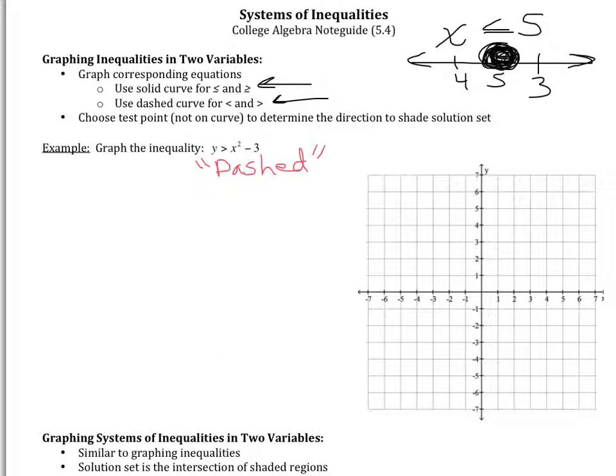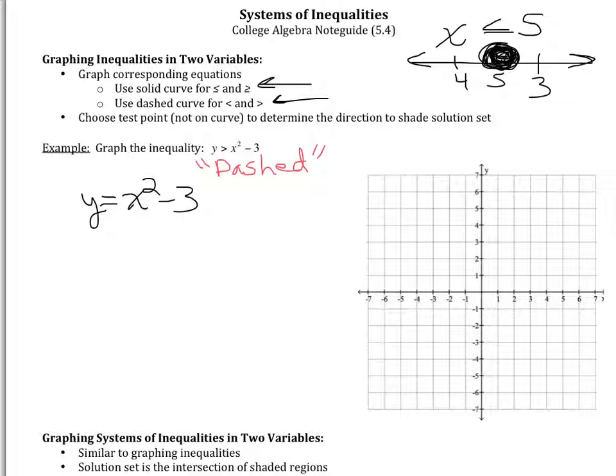And then I'm going to graph the corresponding equation, right? Had that been an equal sign, I would be graphing y equals x squared minus 3. Now, from our study of our library of functions, I know that this is a parabola that has been shifted down 3 units, all right? So I'm going to just graph that using transformations.